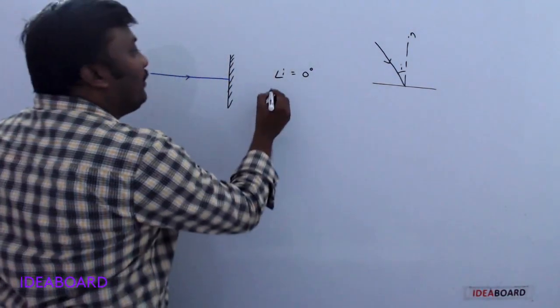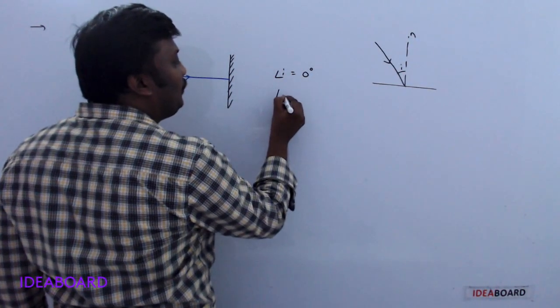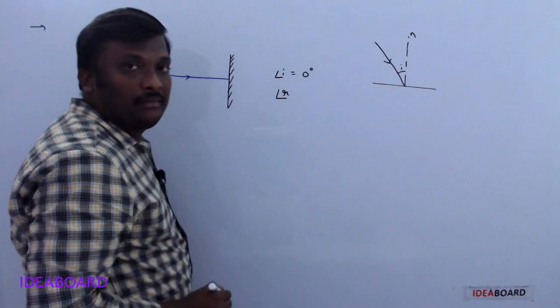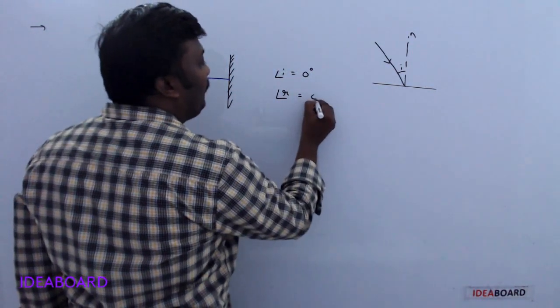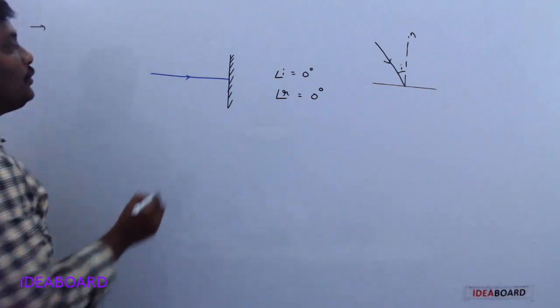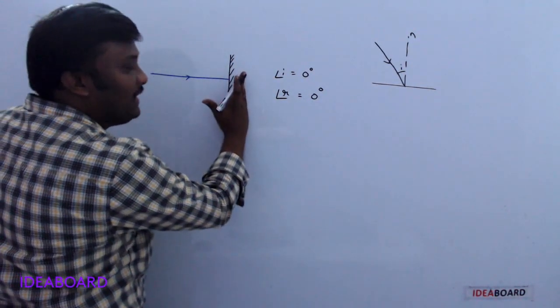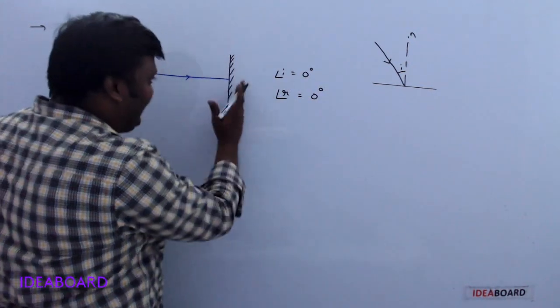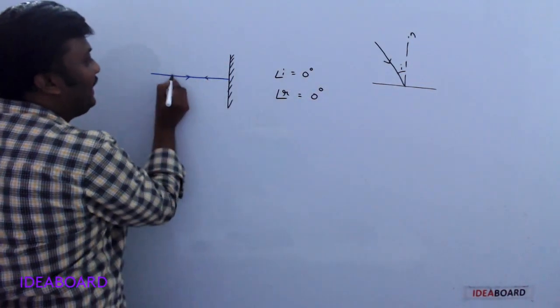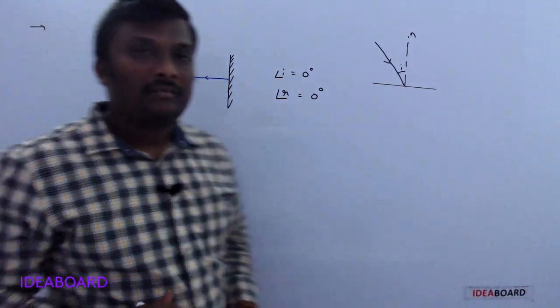Clear? And from the laws of reflection, we learn angle of incidence is equal to the angle of reflection. So angle of reflection is also 0. Angle of reflection 0 means, in whichever direction the light ray is incident on the reflecting surface, in the same direction it will be reflected back.